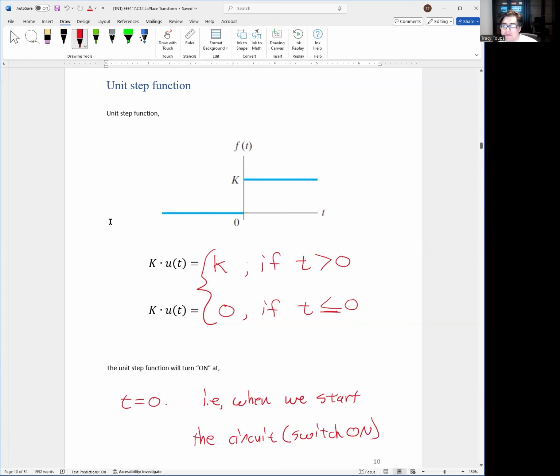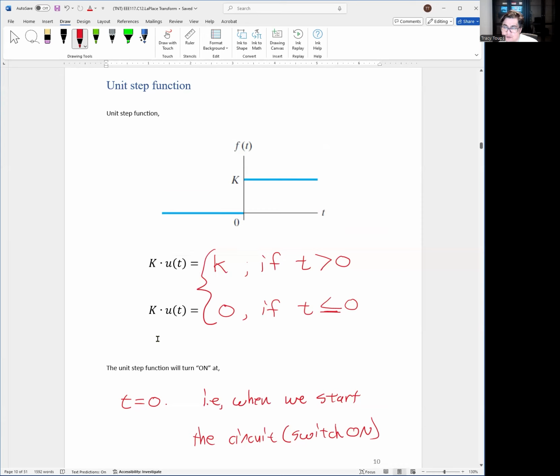But remember, the trick of the unit step function is anytime you go past t equals 0, it turns on. So k times u of t is always equal to k if t is greater than 0. That's this right-hand side. K times u of t is always equal to 0 if we're on the left-hand side, where the border, we'll say, is 0 as well, technically at 0.